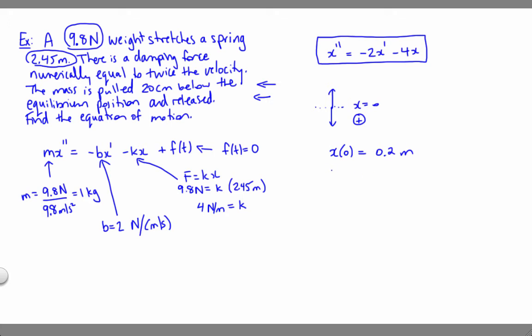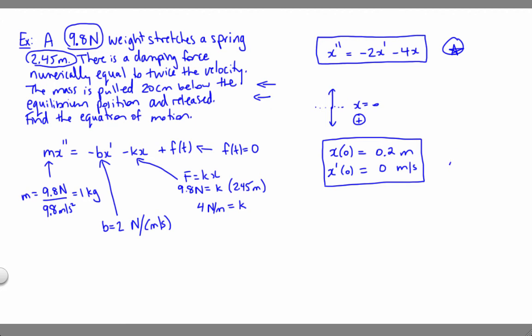So now let's think about our initial velocity. Our velocity at time 0 is, well, we're told that the mass is released, meaning initial velocity 0 meters per second. So there we go. We've got our DE right up here.